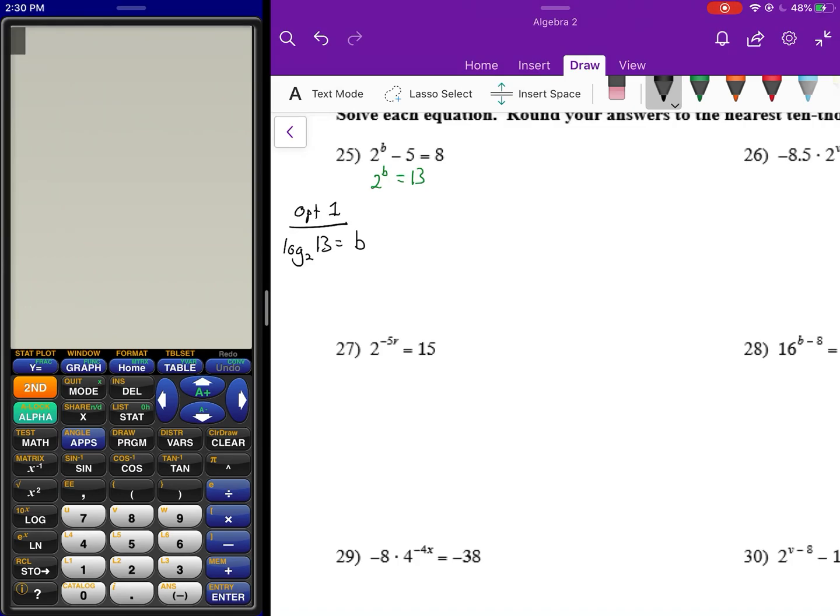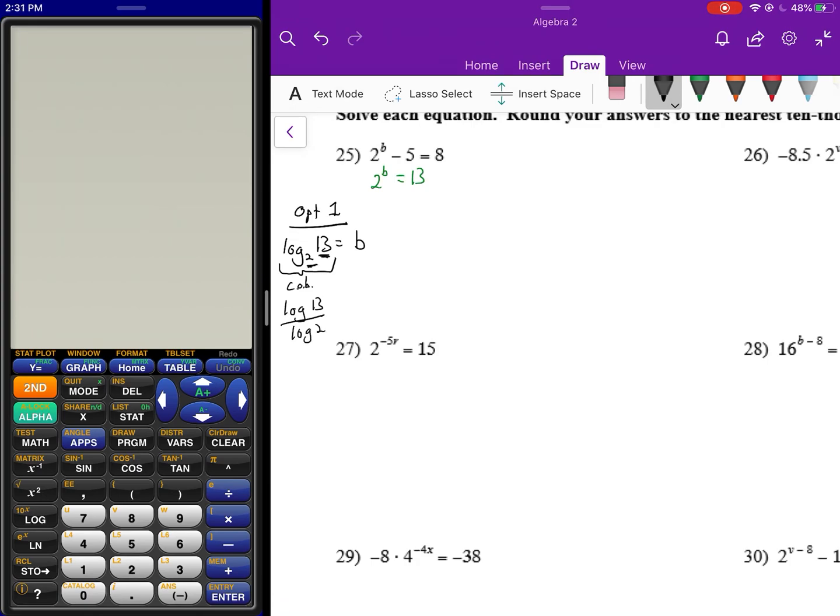Now this is like a problem we did a few sections ago. We don't have a log base 2 on our calculator, but we can use the change of base formula. So change of base, which really is, we're going to put the log base 10, which we don't write the 10, of 13 over the log of 2.